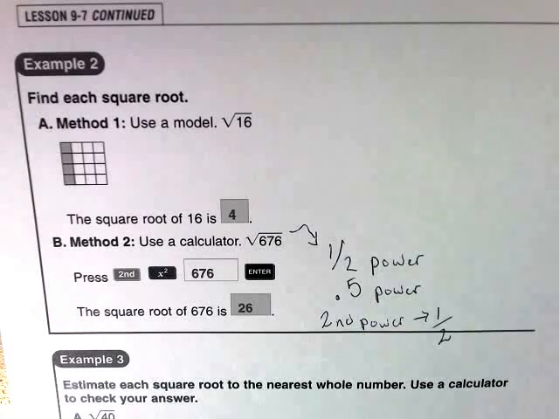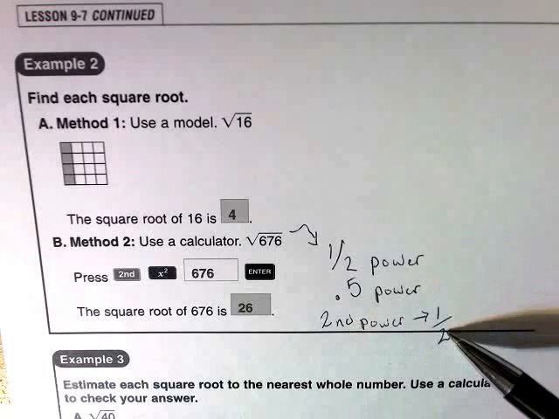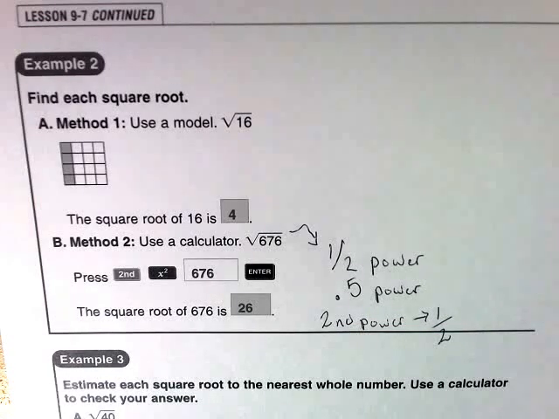So if I'm saying squares and square roots are inverses of each other, or opposites, 2 and 1/2 are inverses of each other as well. So it would make sense that I would be taking the 1/2 or 0.5 power to find the square root of 676. So you could do 676 to the 0.5 power, and you would also come up with 26. In that, 26 times 26 gives me 676.